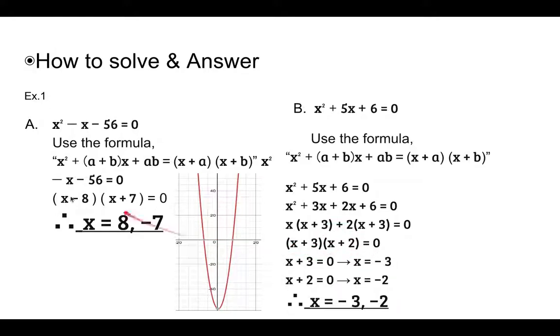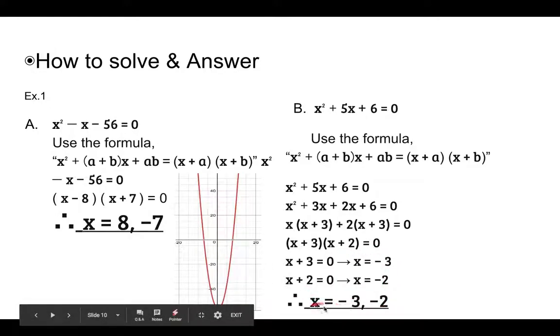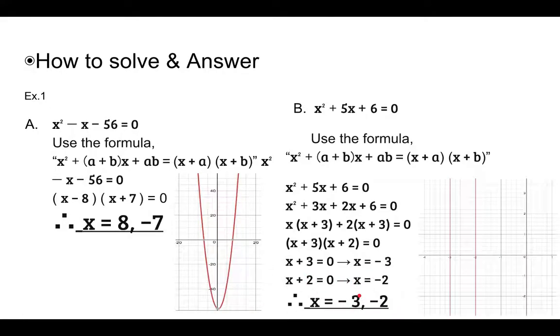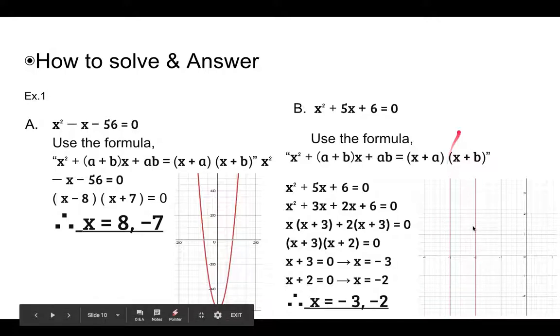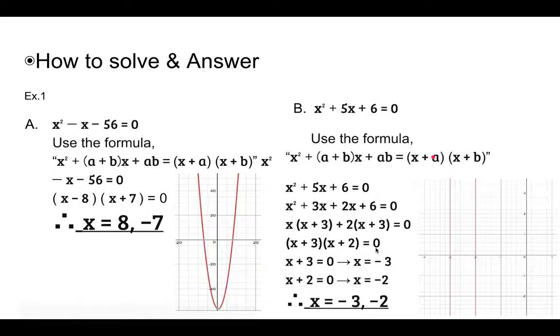We do the same things: x plus 3 equals 0 and x plus 2 equals 0. So we can get the value of x: negative 3 and negative 2. So the graph is this one, like this.